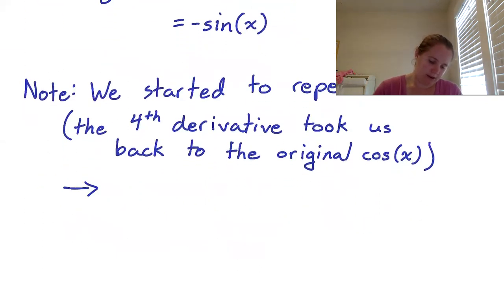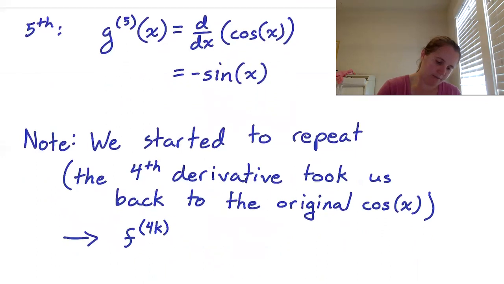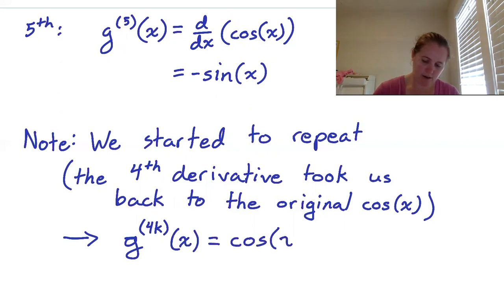So what we get is that if we take some derivative that's a multiple of 4, no, this was g, sorry. So any multiple of 4 derivative of g will wind up continuing to give us cosine of x.